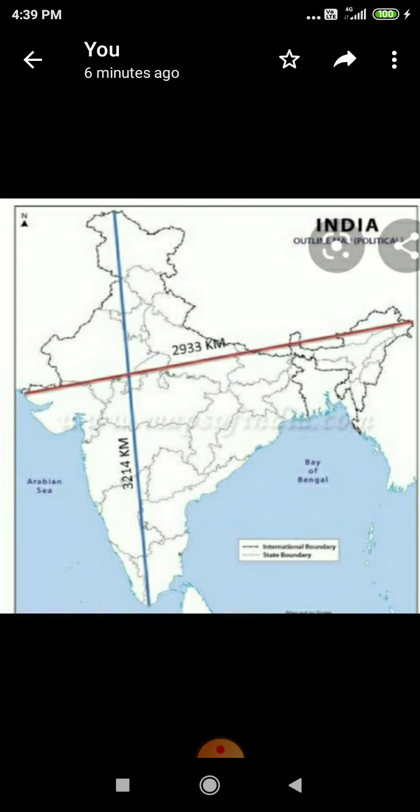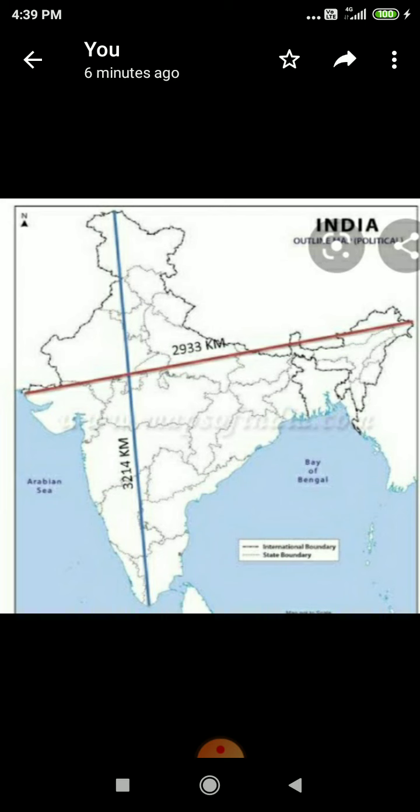Because India lies toward the Indian Ocean, the Indian Ocean is named after India because of this large coastal area.